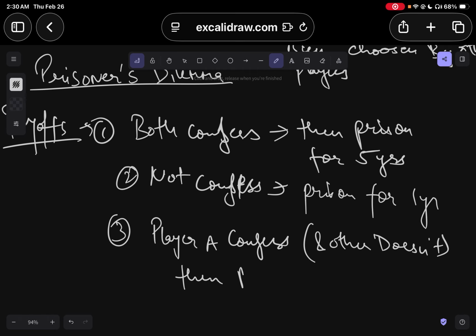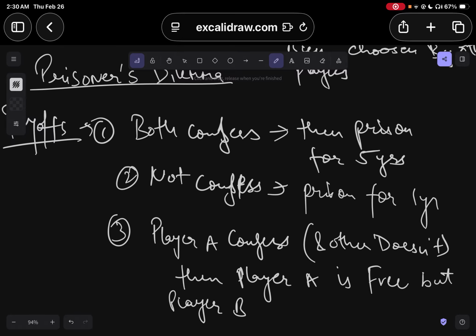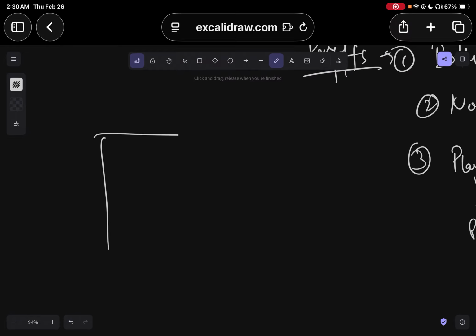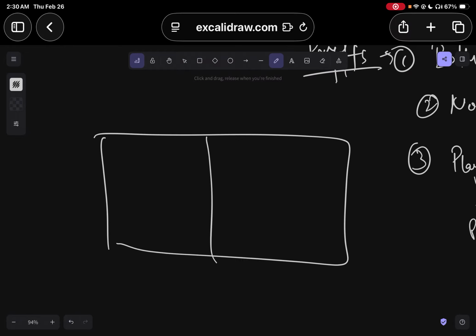Then player A is free, but player B goes for 10 years in prison. So let's draw the payoff matrix.